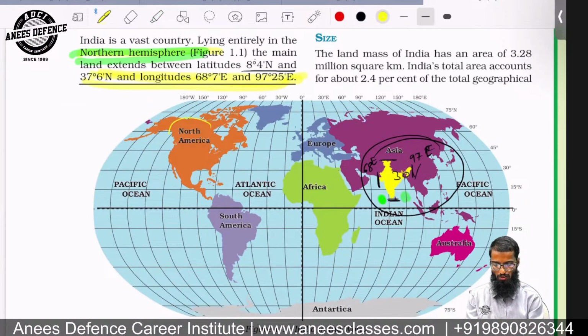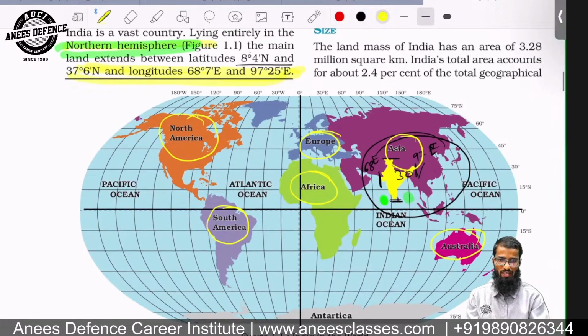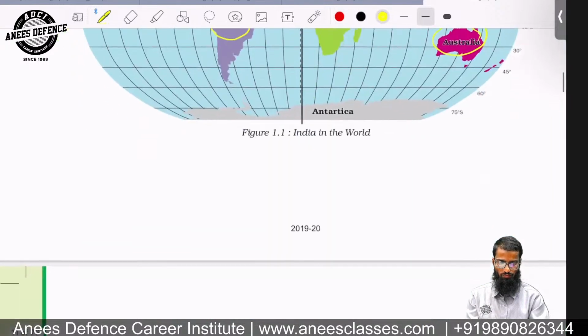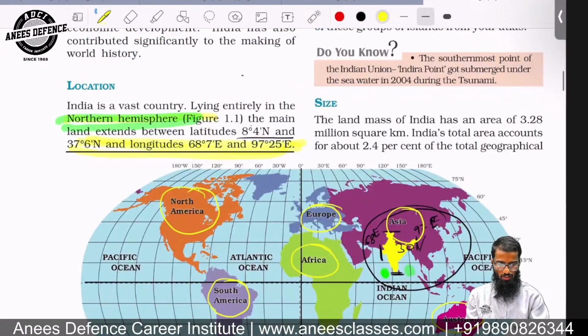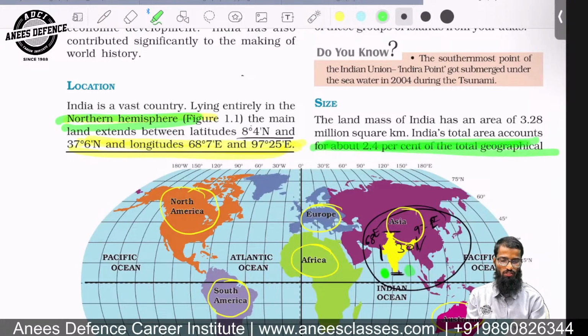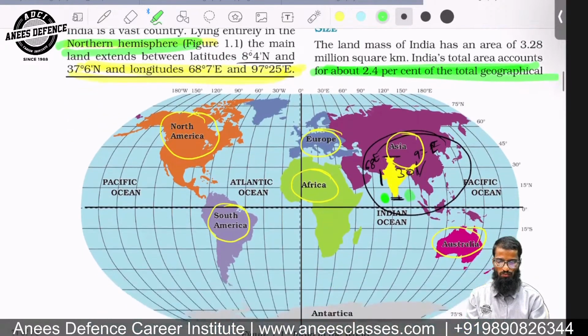Yes. So this is how our world looks like. Here you have North America. Here you have South America. Here you have Africa, Europe, Asia, and Australia. So this is how the world looks like. So India accounts for 2.4% of the total geographical area.